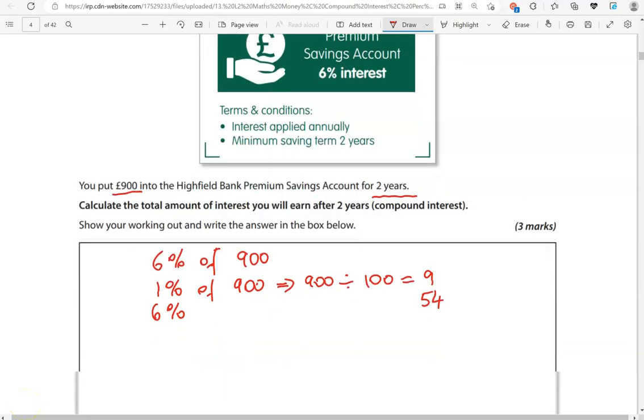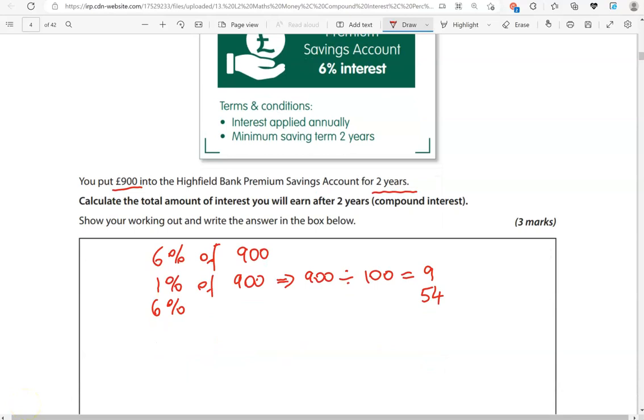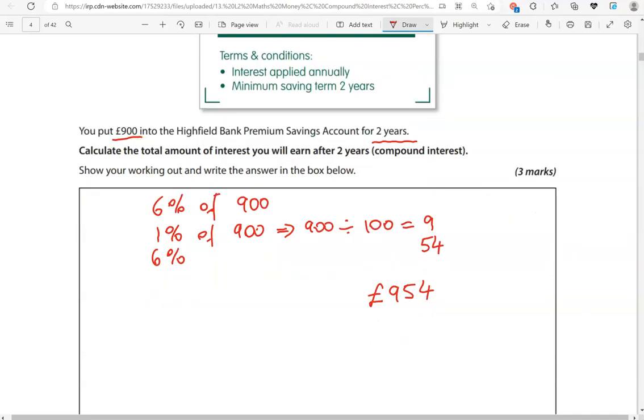So at the end of year 1, there will be 900 and the £54, which is £954. So this is the end of year 1.